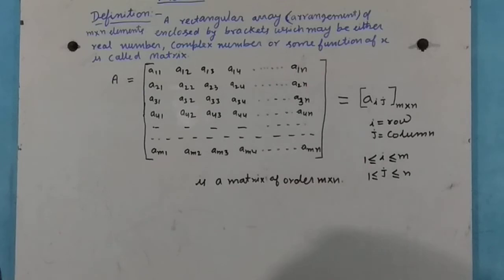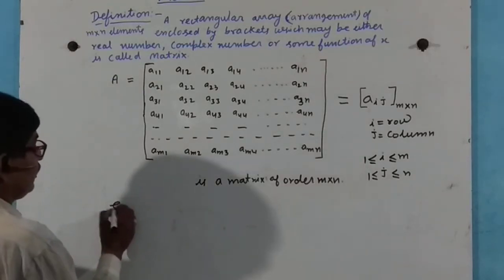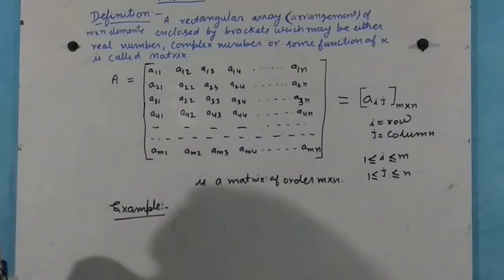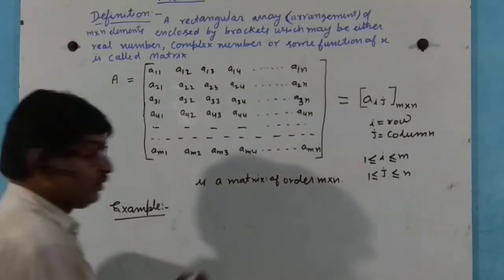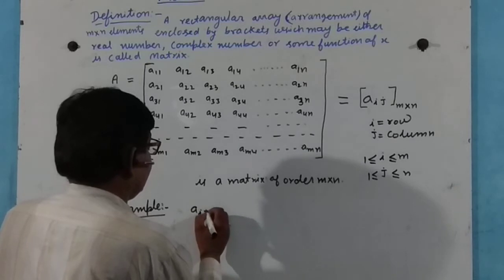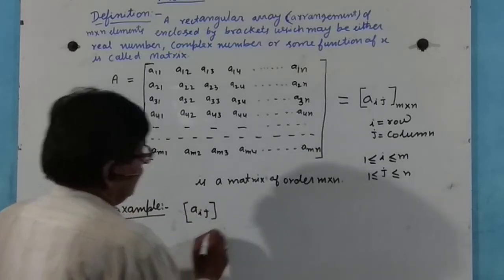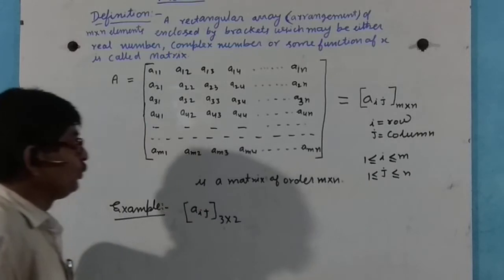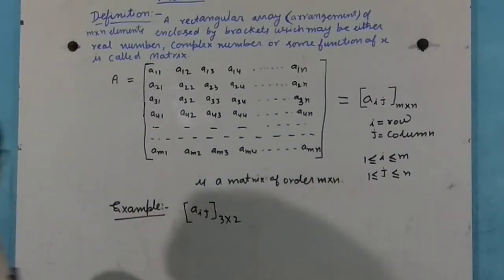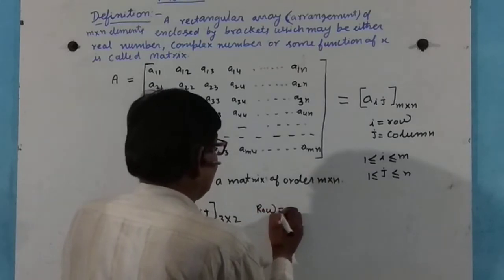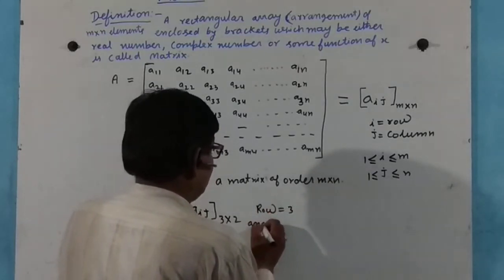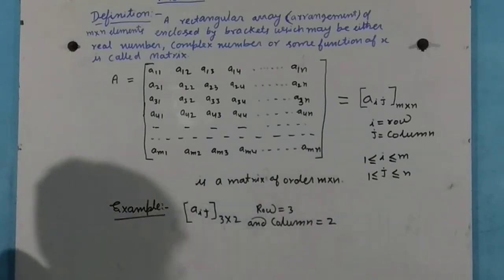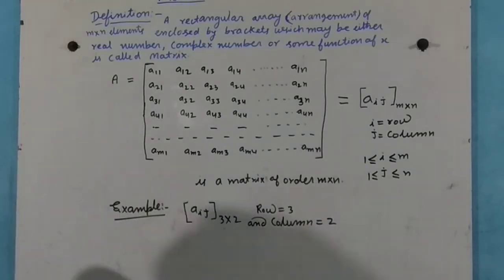Now here is an example. If Aij is 3 cross 2, it means that rows equal 3 and columns equal 2. Aij means 3 rows and 2 columns.